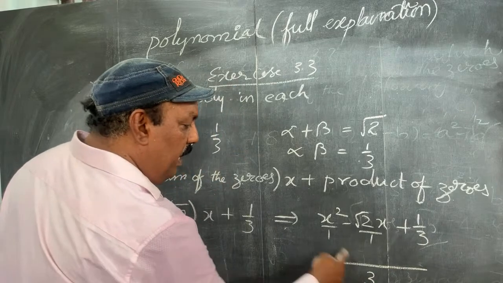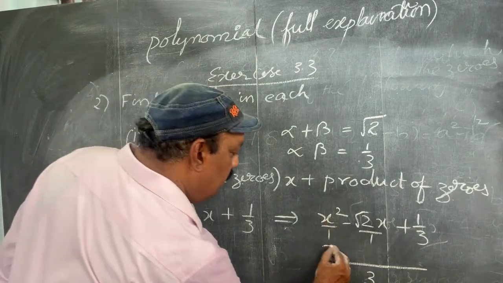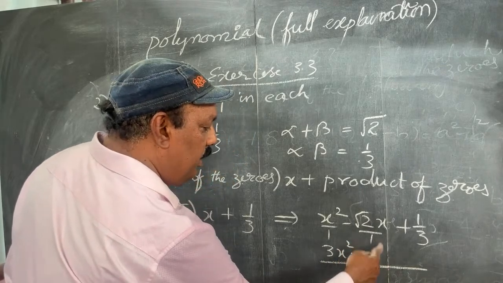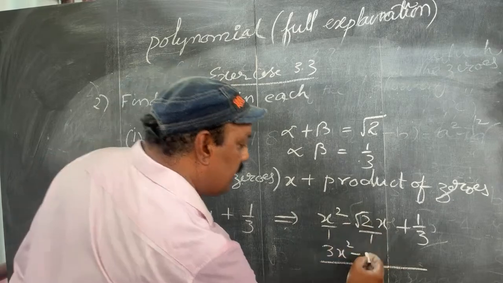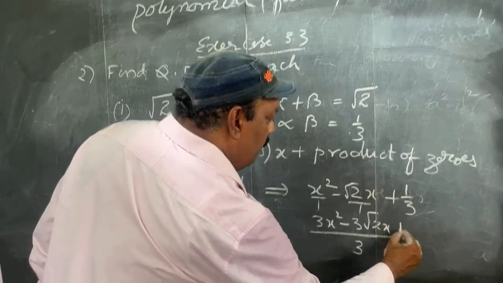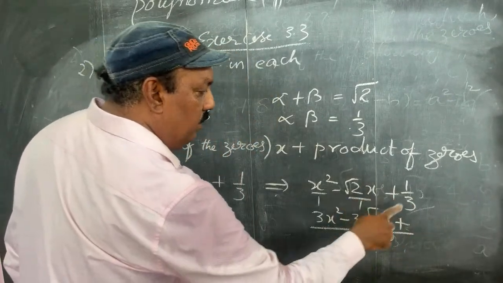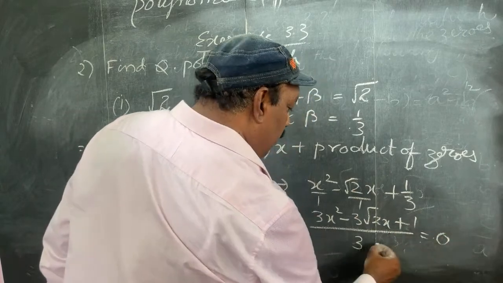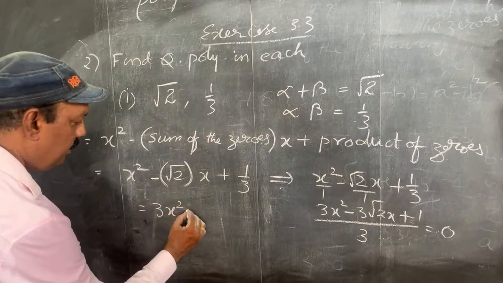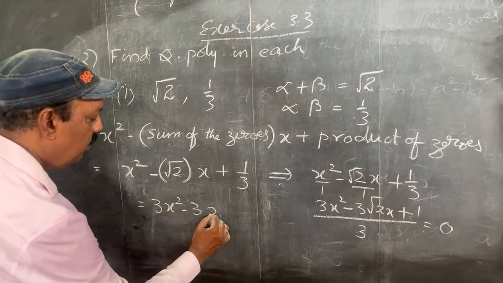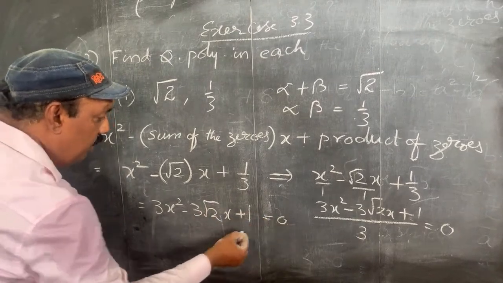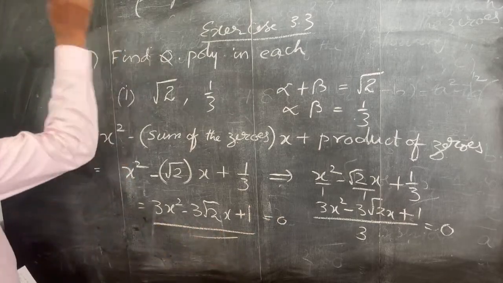So now 3 by 1, 3. 3 into x square, 3x square, minus 3 into root 2x, 3 root 2x, plus 3 by 3, 1, 1 into 1, 1 here is equals to 0. Now cross multiplication. Final equation what I am getting here? 3x square minus 3 root 2x plus 1 is equals to 0. This is the equation he is asking to find out.